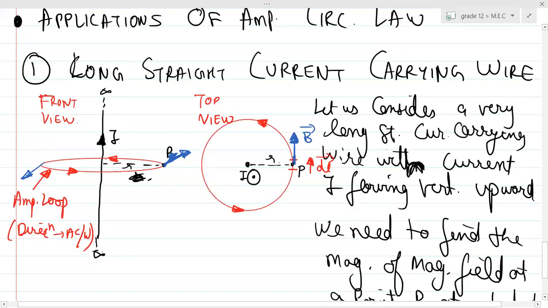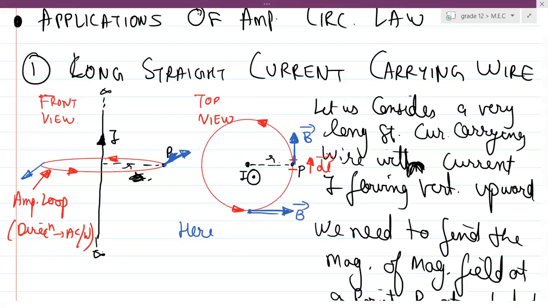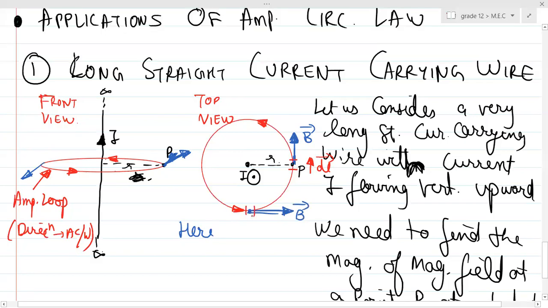So can you see, with respect to a straight current carrying wire, the magnetic field vector and the length vector are in the same direction? Not only at this point, at every point you can check. Suppose at this point I want to check, the direction of magnetic field will be like this, and the direction of dl vector will be like this. Yes or no? Is this clear?